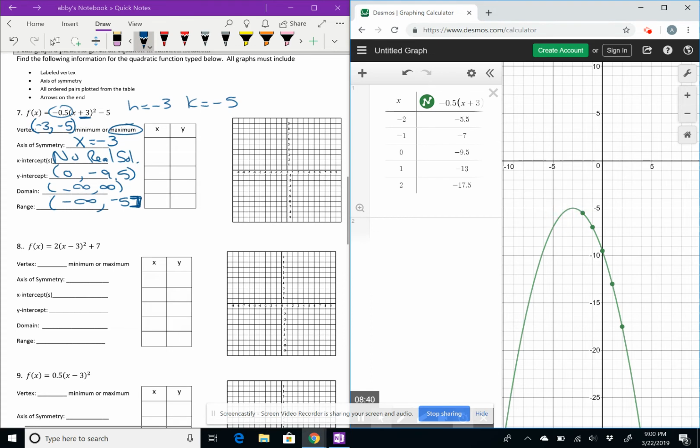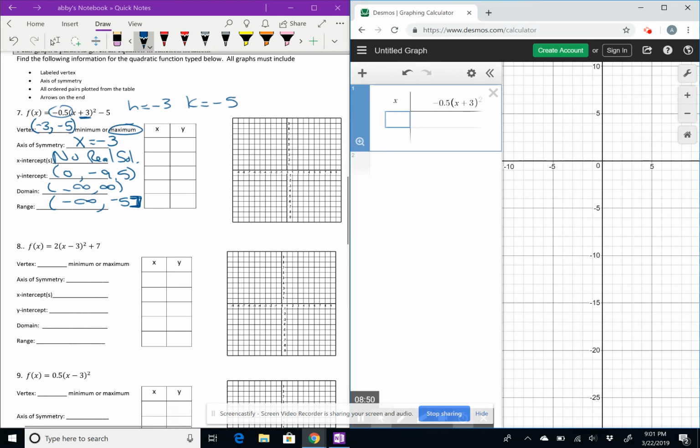You would need the ordered pairs on this side. So what I recommend doing is just deleting all of these ordered pairs and starting fresh. How you do that? You take this vertex and you put it in the middle. So it's negative 3, negative 5.